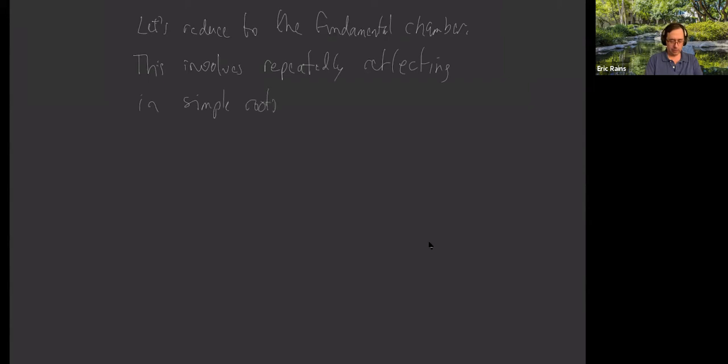So let's reduce it to the fundamental chamber. So this involves repeatedly reflecting in simple roots with negative intersection with D. One thing that's worth noting is, although these reflections are all changing the blowdown structure and not changing D, what it ends up looking like in terms of this fixed basis is that we're actually changing D and applying the reflections to D. But really, the divisor class isn't changing.